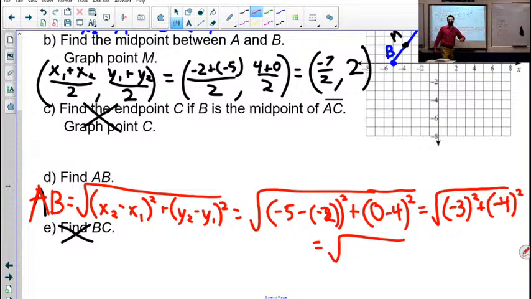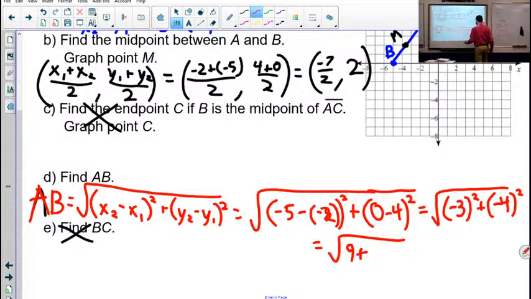-3 squared, this is important. If you have a negative and you square it, that's multiplying it by itself. So if you take a negative and square it, that's going to give you a negative times a negative, which is going to be a positive. So when I have -3 squared, -3 times a -3, that's a positive 9.